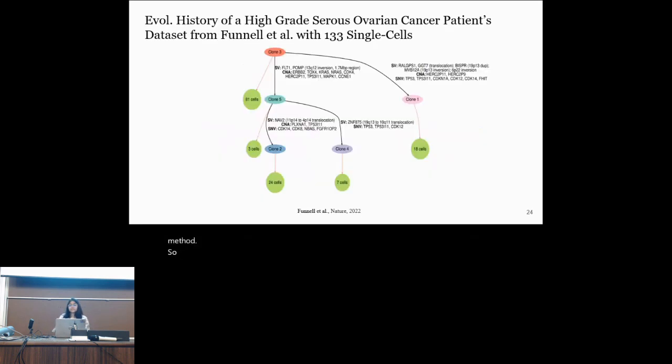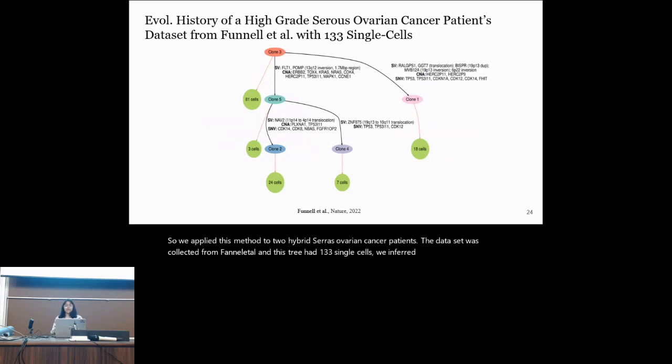So we applied this method to two high-grade serous ovarian cancer patients. The data set was collected from Funnell et al. And this data had 133 single cells. We inferred a 5-clone tree. One thing to notice is that the branch from clone 3 to clone 1 has an important SNV type mutation, which is TP53.